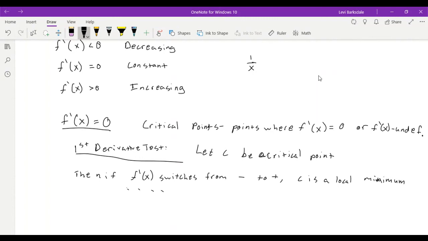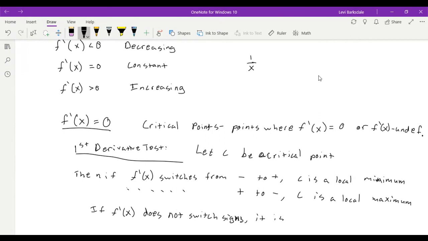And if f prime of x switches from positive to negative, C is a local maximum. And lastly, if f prime of x does not switch signs, it is neither.